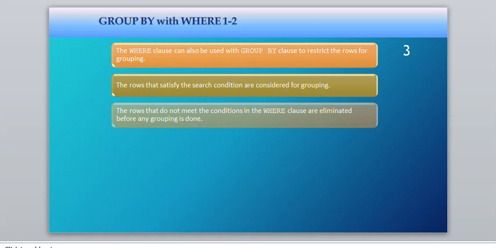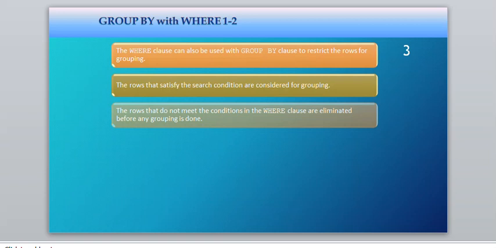Please remember this point, that the where clause is always applied on your table. After the where clause, the data that remains from your rows is then grouped. Means first it will apply the filter, then apply the group.